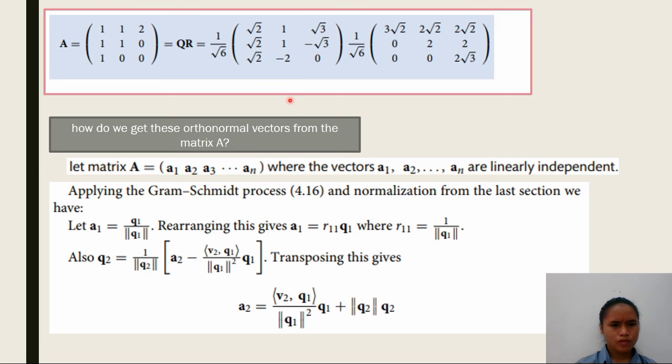So how do we get these orthonormal vectors from the matrix A? So this is the formula. From the formula we get the orthonormal vectors from matrix A.